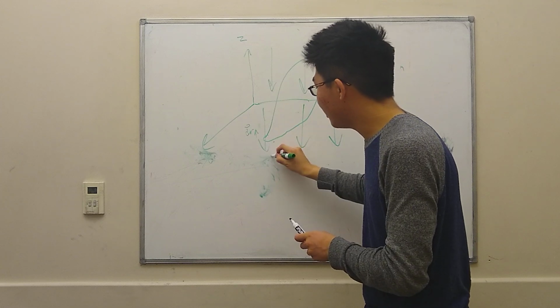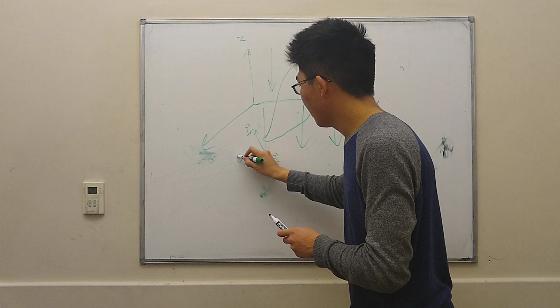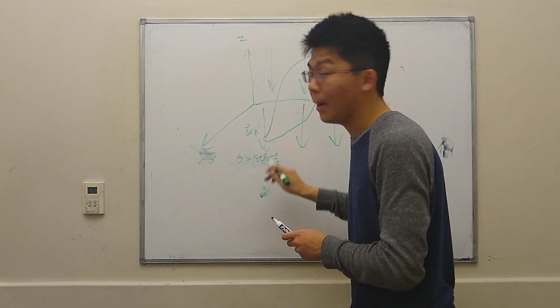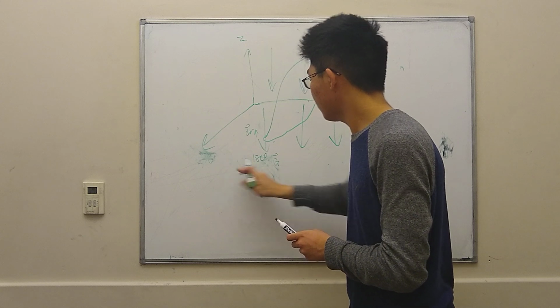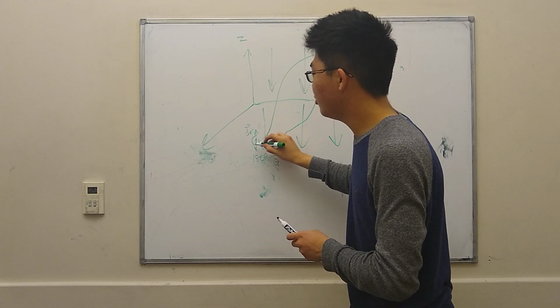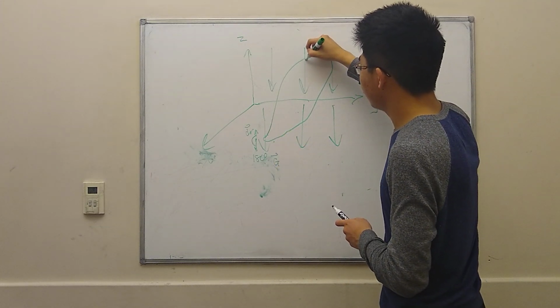Our gravity vector, g, points downward. That means they're 180 degrees apart.